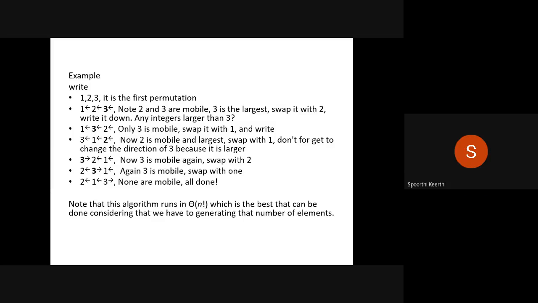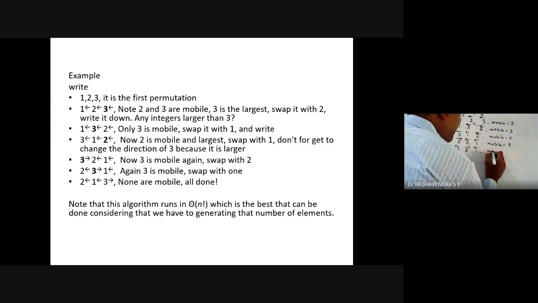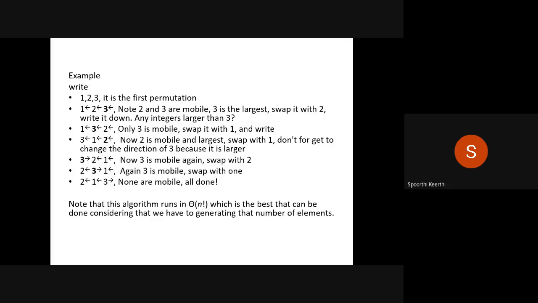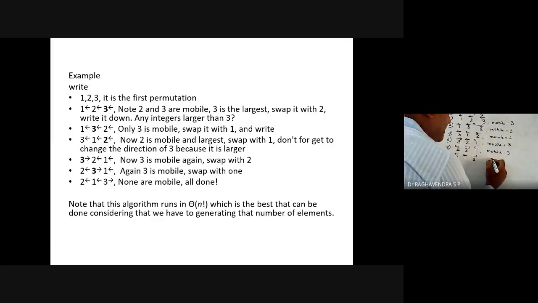Again, 3 will be the mobile. So we have 2, we have 1, and we have 3 here. Okay. Any other number mobile here? No, sir. So we have to stop here.